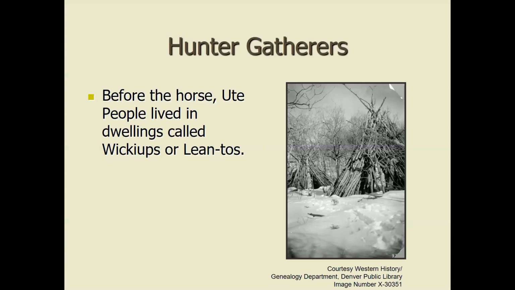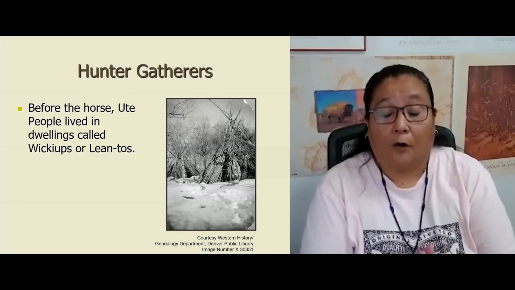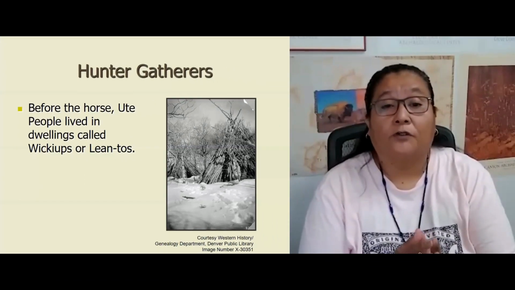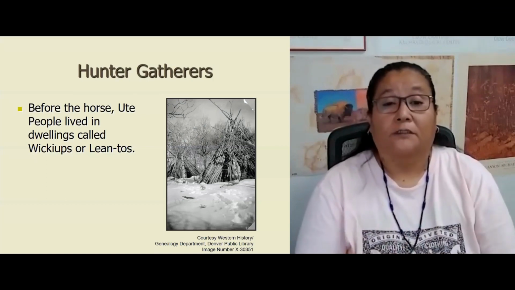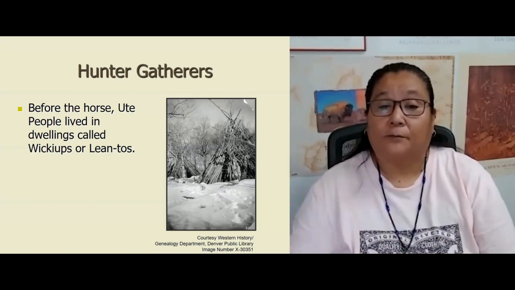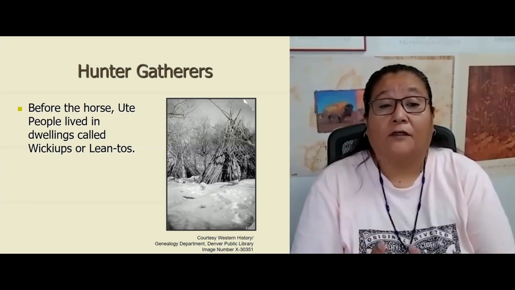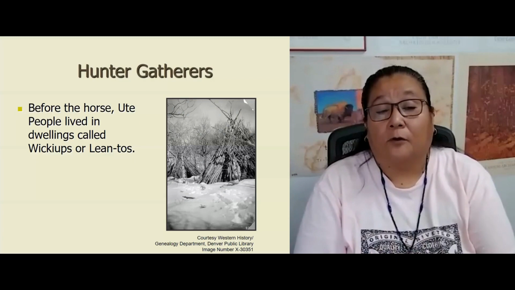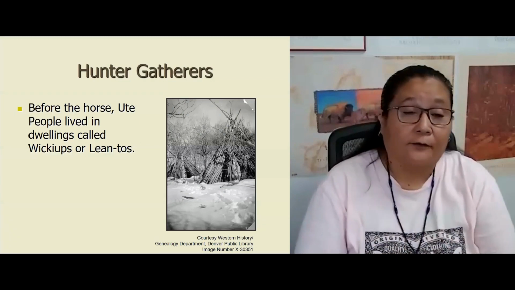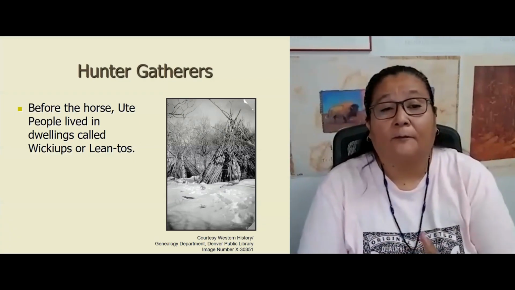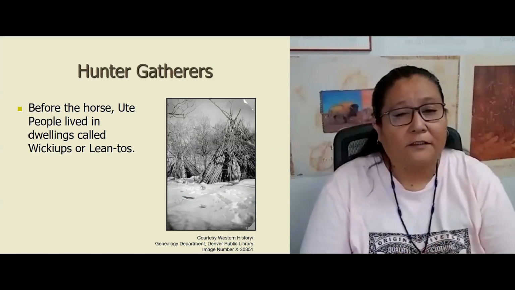And so with that, our Ute people were known to do beadwork. So what we do is we actually use geometric designs and we also use floral designs. Our people also made baskets. And so when we found baskets recently, there was a piece of a basket found that was at least 5,000 years old.